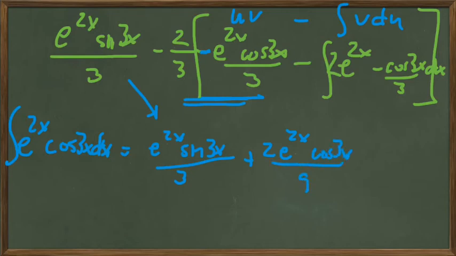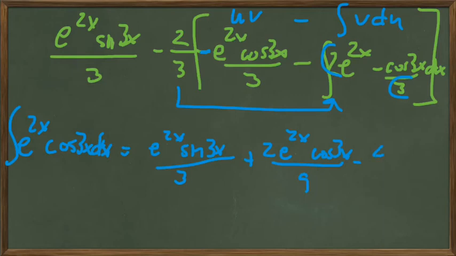And then we've got the minus 2/3 times this, and we've got a 2 here in the numerator and a 3 in the denominator, so that's minus 4, let's see, it's 3 minus signs.